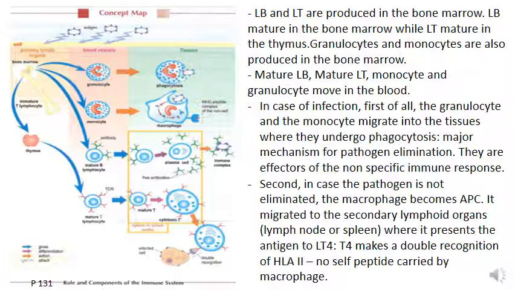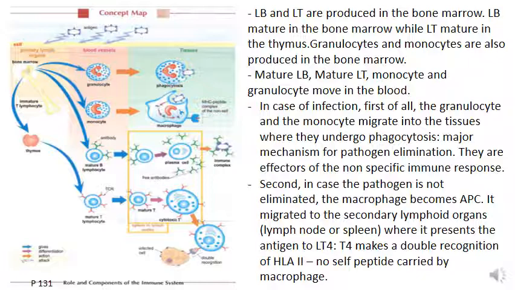Okay. Second, in case the pathogen is not eliminated, so in case the non-specific immune response failed in the elimination of the antigen, what happens? The macrophage becomes an antigen-presenting cell. And you see clearly here in the figure that the macrophage displays on MHC, which is also HLA, class 2, it displays the non-self peptide.